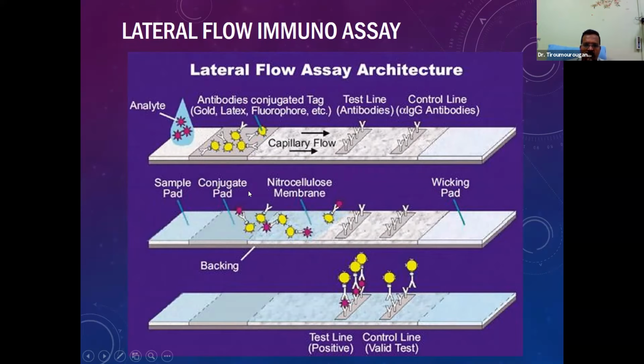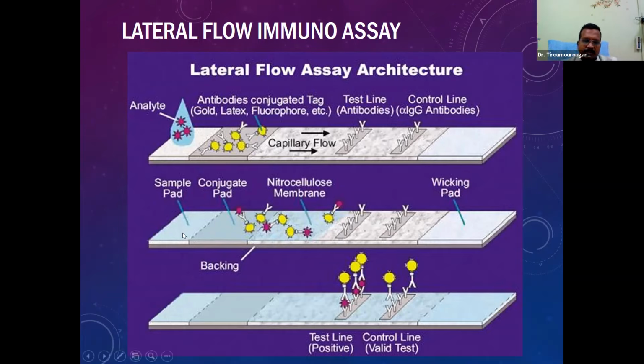In the conjugate pad, they have antibodies to this antigen, and these antibodies are tagged with a dye or a fluorescent or gold label. When they are spread far and wide, they don't impart the color. But when they get attached and come together to a single line, then we are able to see the color.